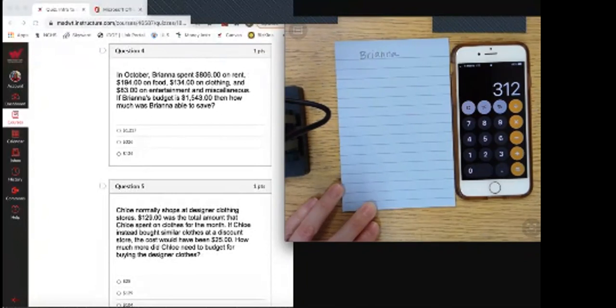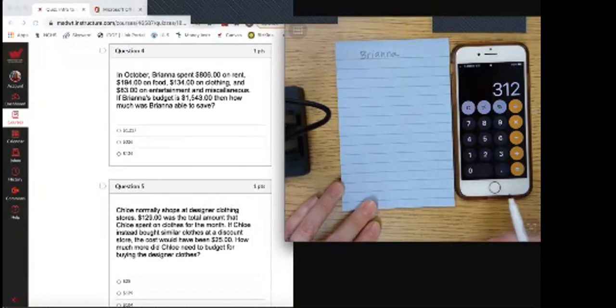In October, Brianna spent $806 on rent. She spent $194 on food, $134 on clothing, and $83 on entertainment and miscellaneous. If Brianna's budget was $1,543, then how much was Brianna able to save?